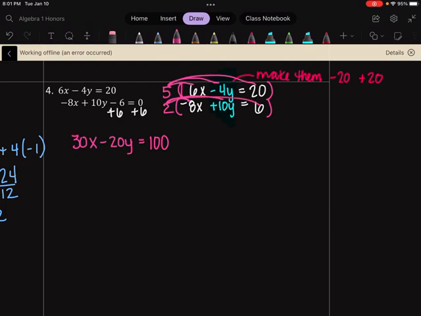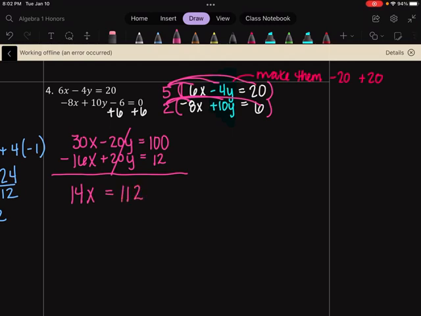So that's -8x times 2, that's -16x. 2 times +10 is +20y, and is equal to 2 times 6, which is 12. So our y's will cancel. 30 minus 16 is 14, so 14x there. And then 100 plus 12 is 112.